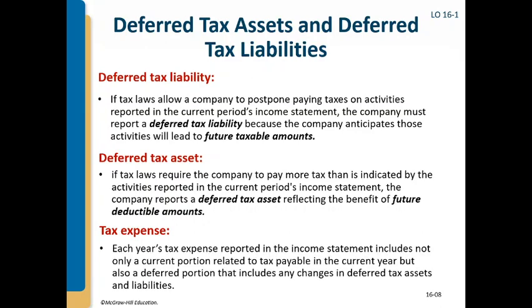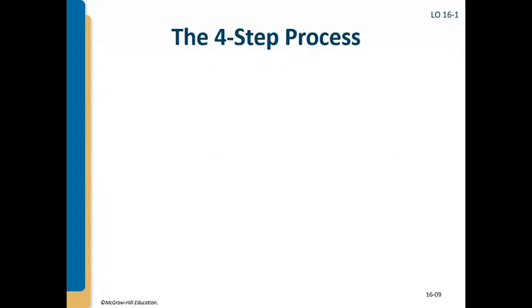Each year's tax expense reported in the income statement includes not only a current portion related to tax payable in the current year, but also a deferred portion that includes any changes in deferred tax assets and liabilities.